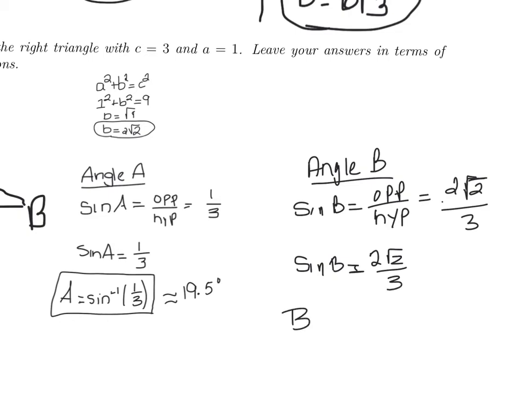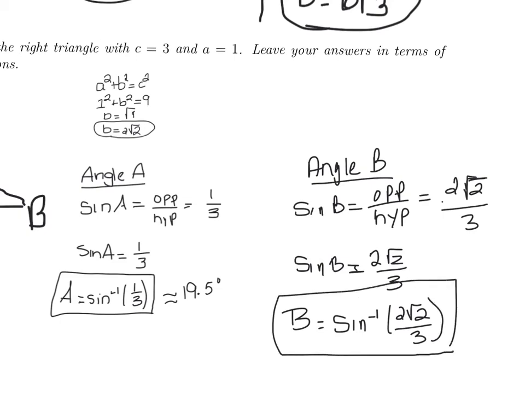So that means that B is the inverse sine of 2√2 over 3. Again, if you plugged it into a calculator, you get about 70.5 degrees. But we're going to be leaving these as trig functions.